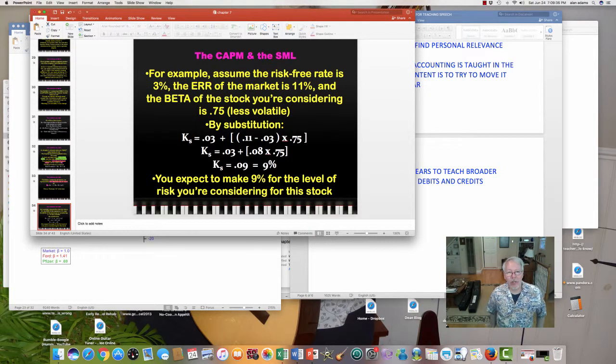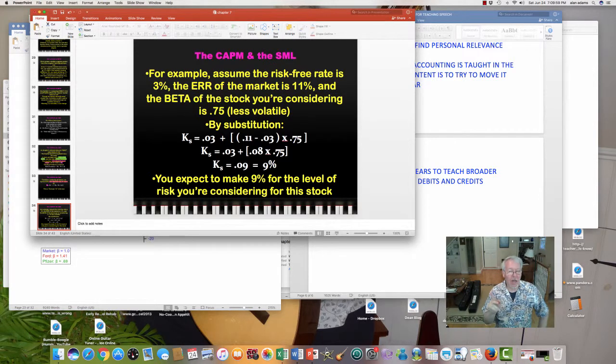All right, here's an example. Let's assume the T-bill rate is 3%. The expected rate of return on the market is 11%, and the beta of a stock that you are considering is 0.75. Okay, now let's stop right there. The beta of your stock is not as risky as the market.